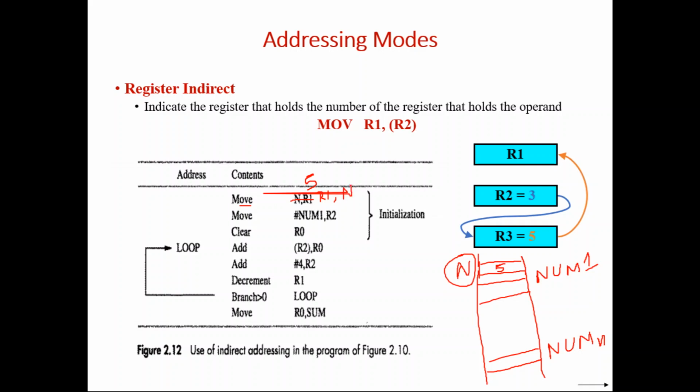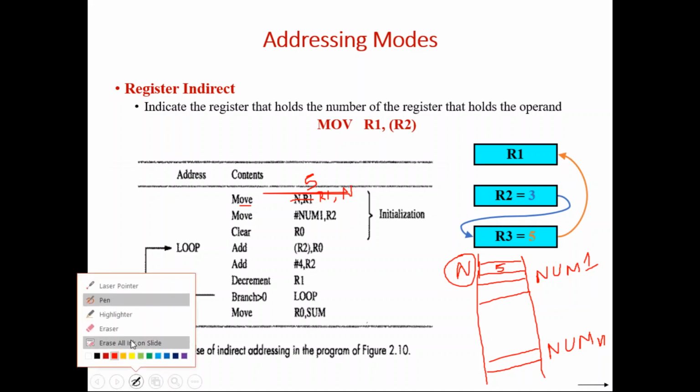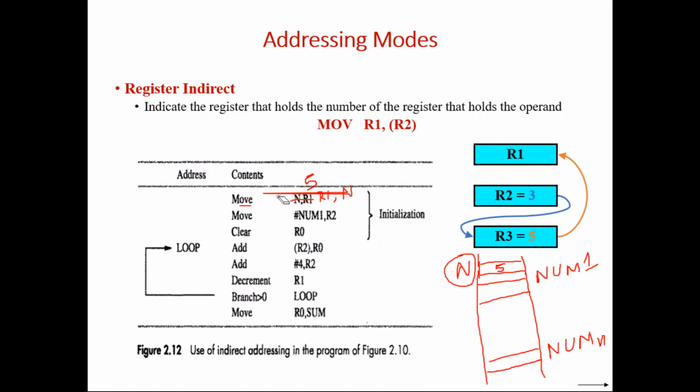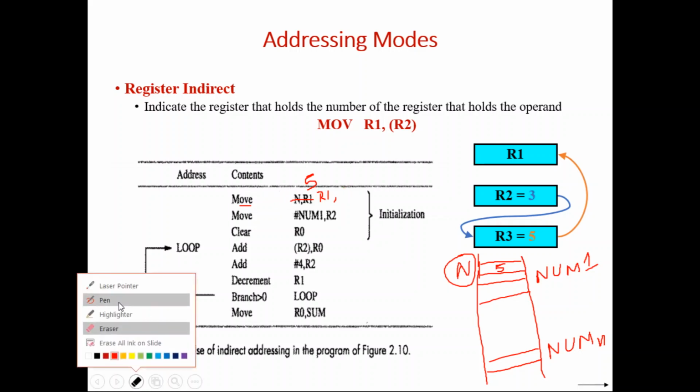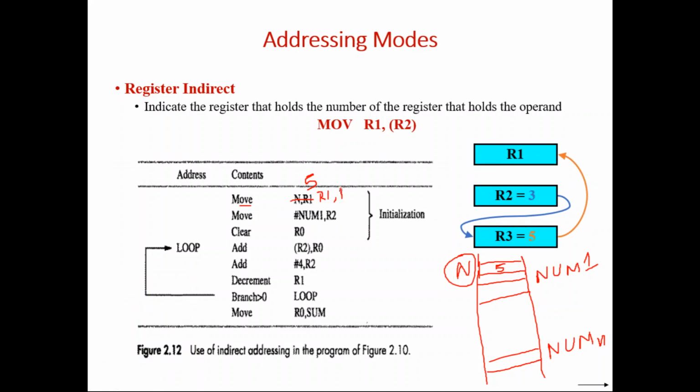I am writing like this just to follow one format. Move R1 comma n moves 5 to the register R1.